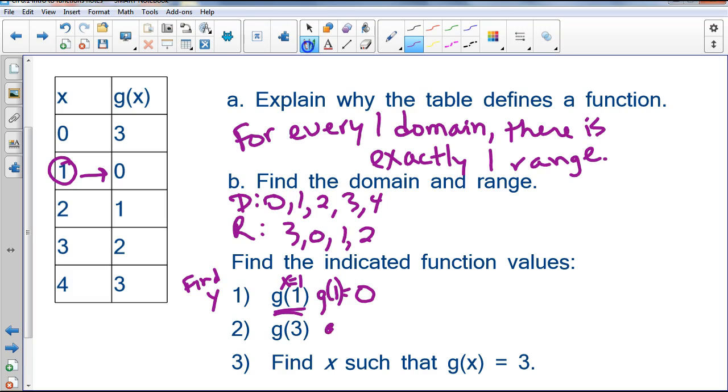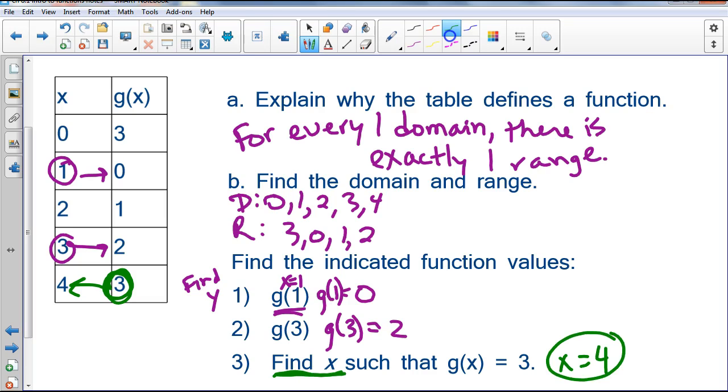So we have to find g of 3, so find 3, and its y coordinate is 2. So again, you're finding y in that case. And then the last example actually tells you to find x such that g of x is 3. So x is equal to, we'll find 3 in the y coordinate now, the g of x column, and its corresponding x value is 4.